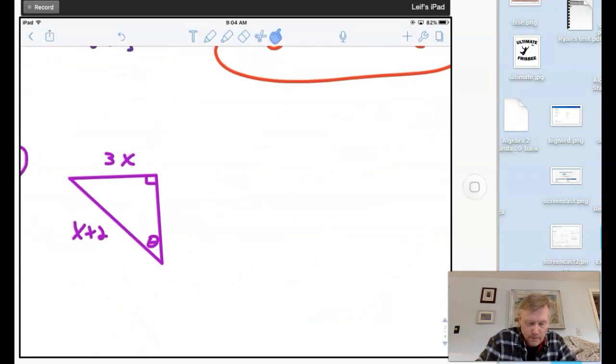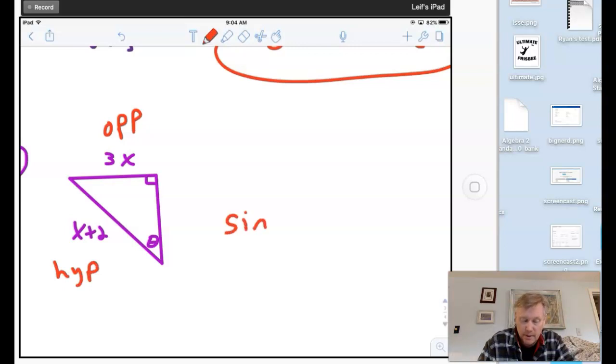Next one, this one. So theta, same directions. This is my opposite. This is the hypotenuse. So the function with opposite and hypotenuse in it is the sine. So the sine of theta equals 3x over x plus 2.